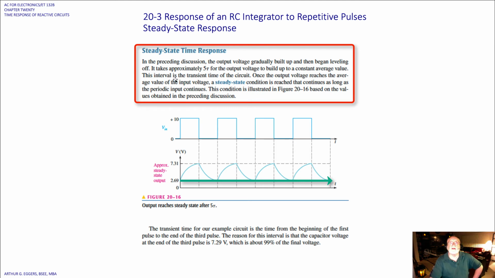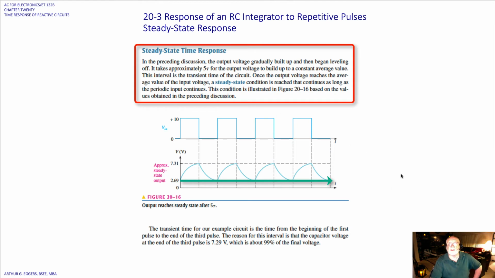This interval is the transient time of the circuit. Once the output voltage reaches the average value of the input voltage, a steady state condition is reached that continues as long as the periodic input continues. This condition is illustrated below in figure 20-16, based on the values obtained in the preceding discussion.